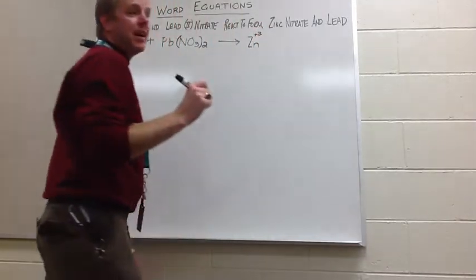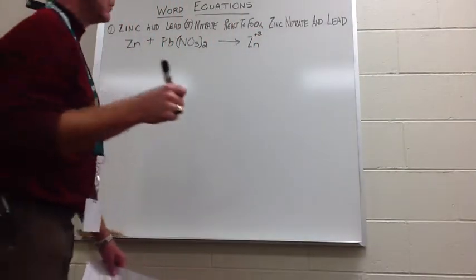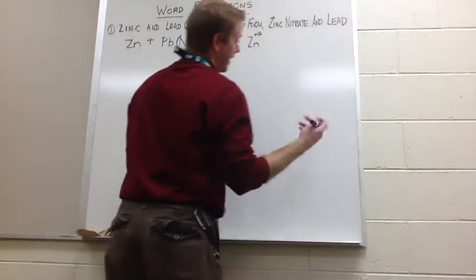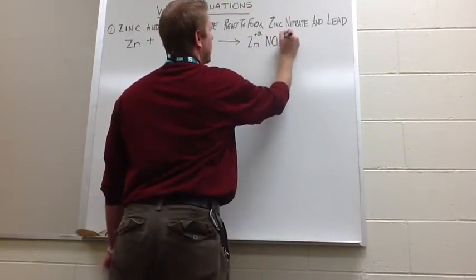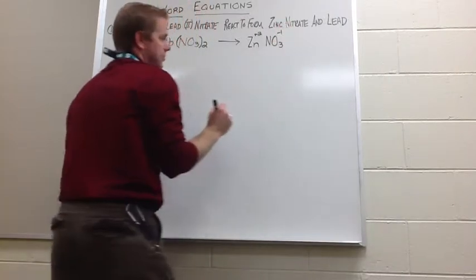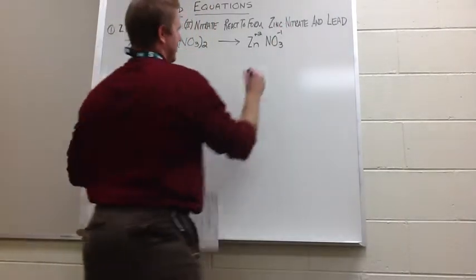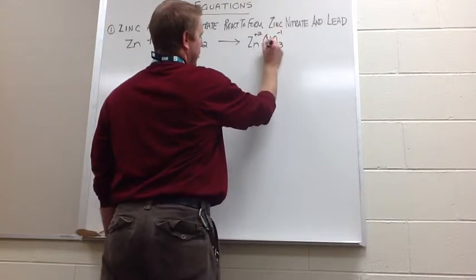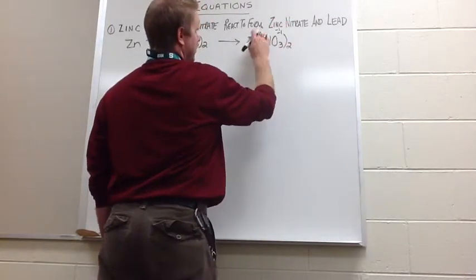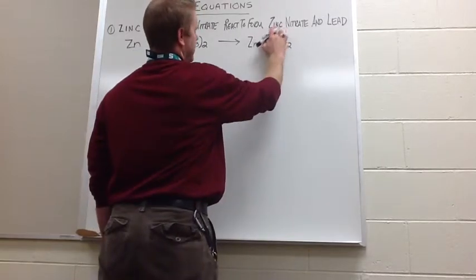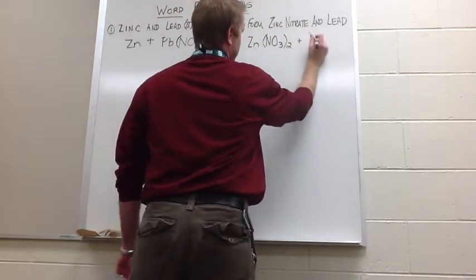Because we're memorizing it on that sheet where we're memorizing ions. Nitrate is NO3 with a -1 charge, just like it was over here. Again, we need 2 nitrates, 2 -1s to balance out the +2 of the zinc. And Pb.